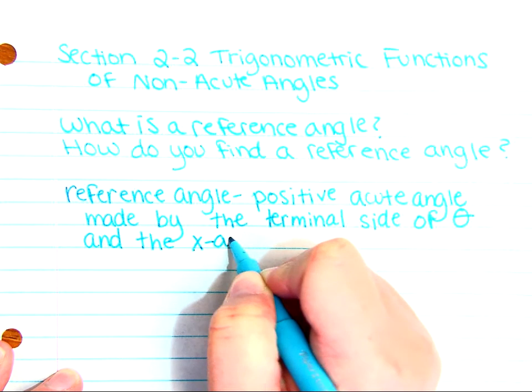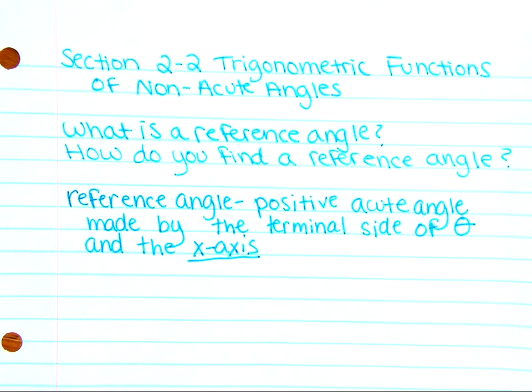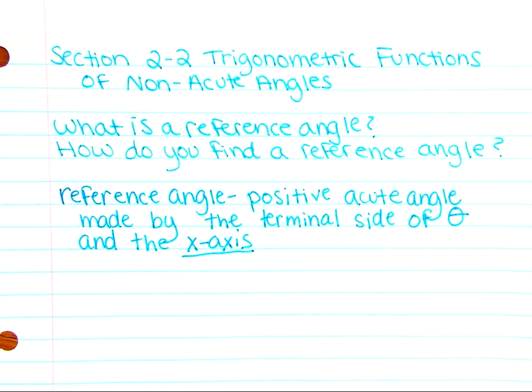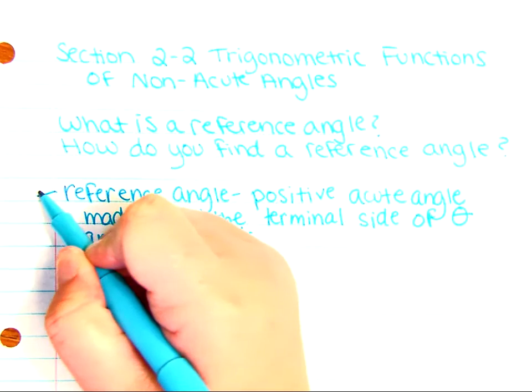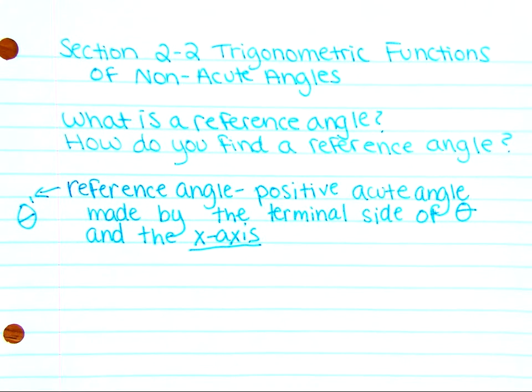Now that's important right there. This is a common mistake, is that people try to make reference angles with the y-axis, but it's not the y-axis, it's the x-axis. Remember, a reference angle is also denoted with that theta prime. Okay?